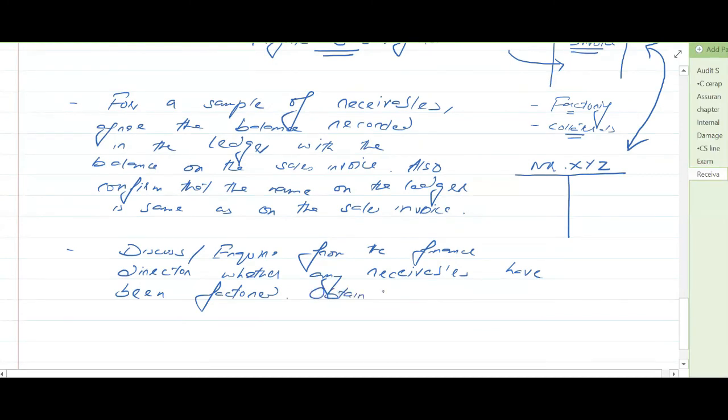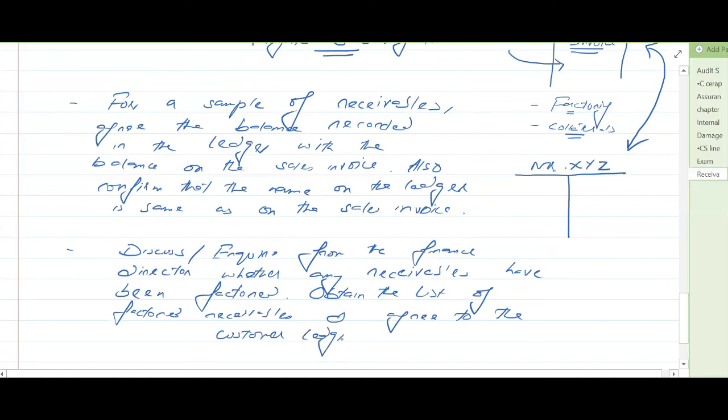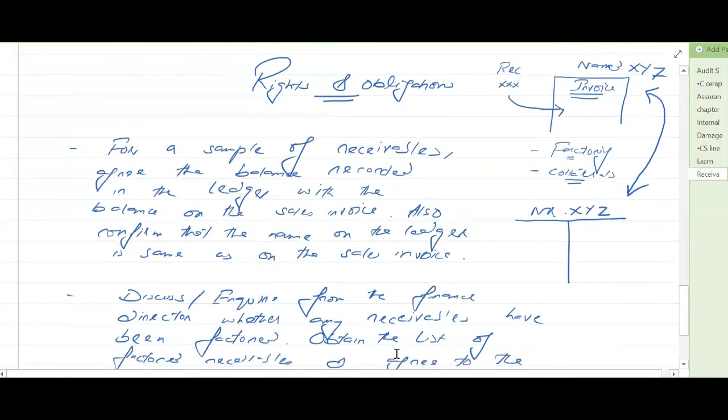Obtain the list of factored receivables and agree to the customer ledger. So this is how you are going to write the procedures for rights and obligations.